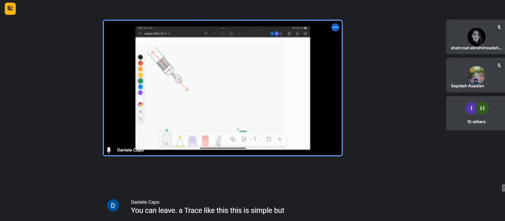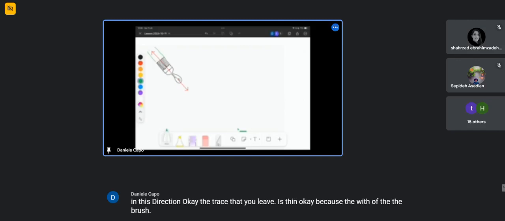But if you go in this direction, the trace that you leave is thin, because the width of the brush is thin.